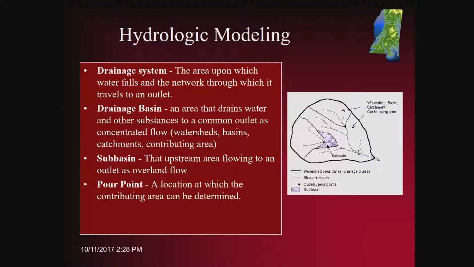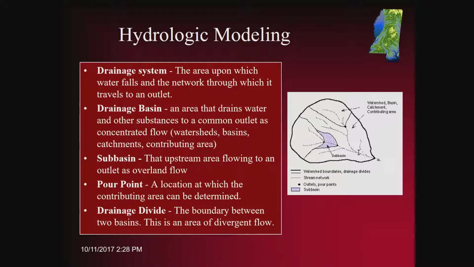The point is that what defines this whole basin area, referred to as a pour point, is the location from which a contributing area is determined. The drainage divide is the other end. It's a boundary, so it's a linear feature, a boundary between two basins, the area where flow is diverging, going in opposite directions.